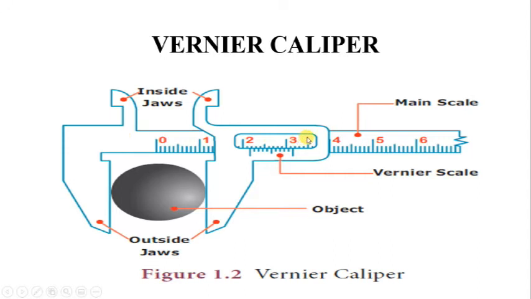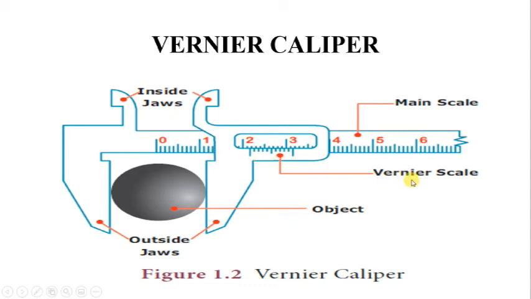You can see the structure of this vernier caliper. Let me explain the structure. This vernier caliper has a main scale. So what is the main scale? The graduations here from 0 to 6 are the main scale.